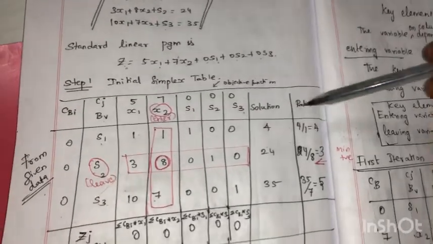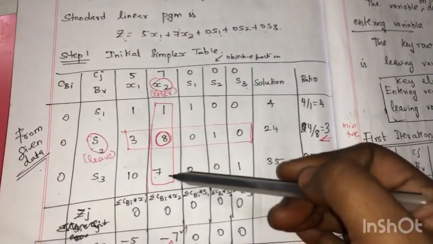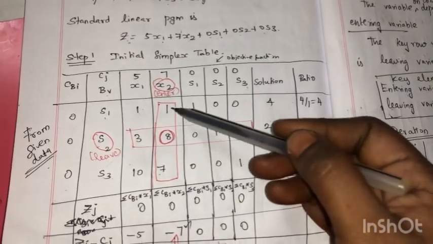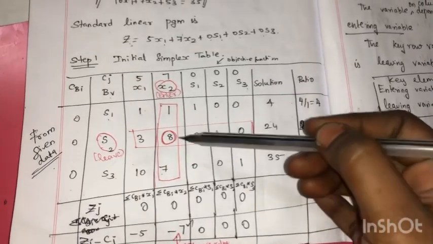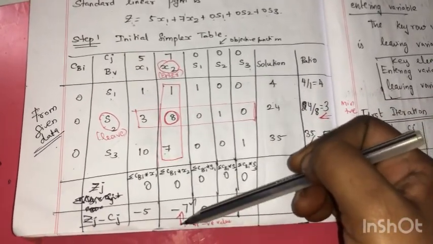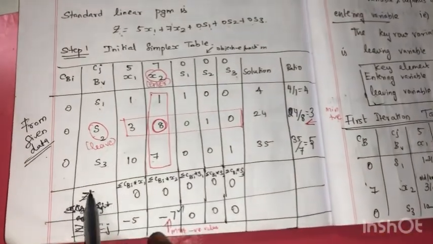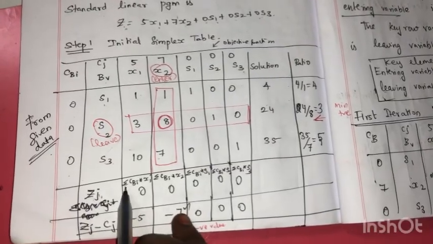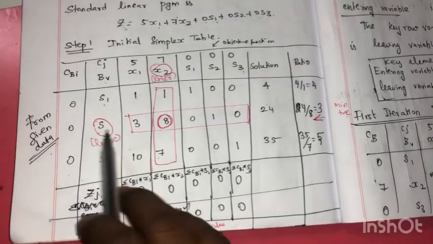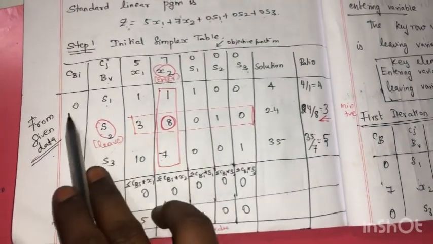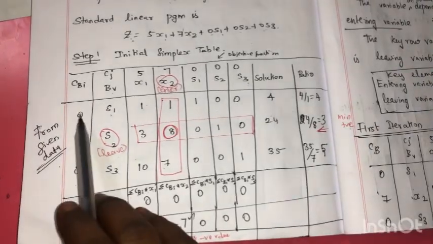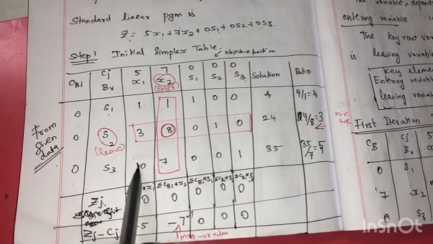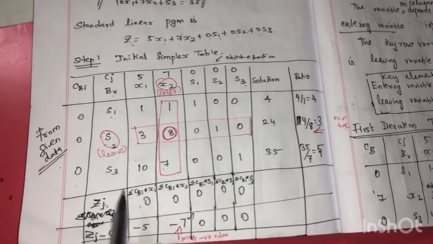Now we are going to find the key row, the key column and also the key element. We identify them from the values we get here. First calculate the Zj value. Zj is the summation of CBI into xi, that means you multiply the values and add them up. So 0 into 1 plus 0 into 3 plus 0 into 10 gives 0.